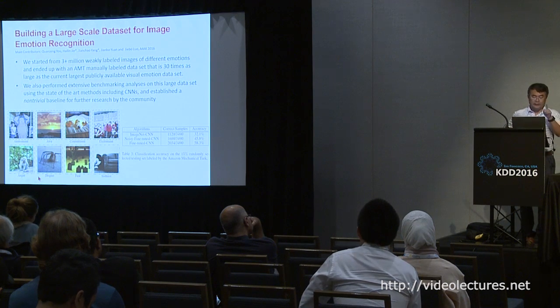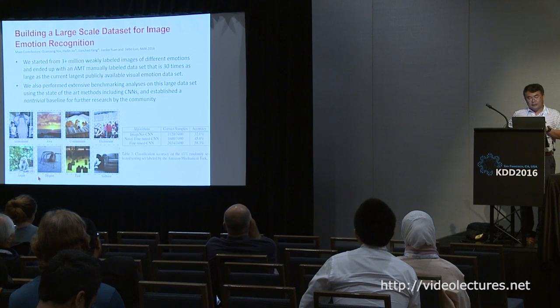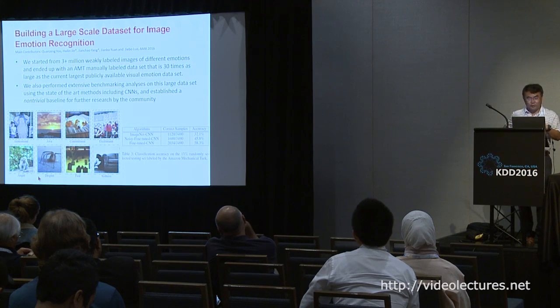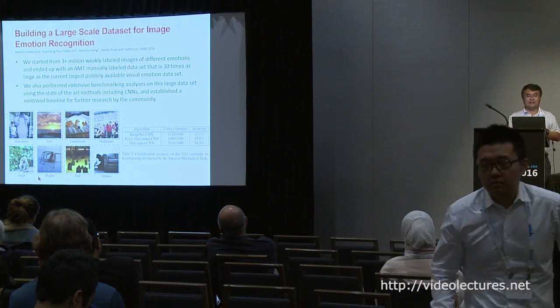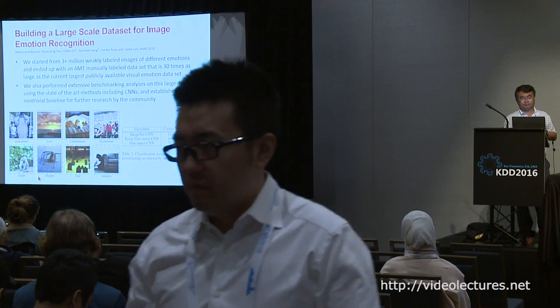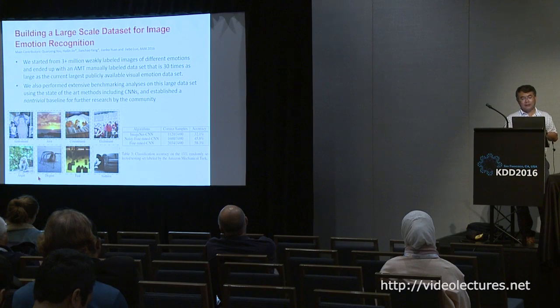And then, so we get an image set, and then we use the progressively trained CNN technique to get a baseline performance on these emotions. So the highest performance we got was close to 60%, and that's actually quite high.